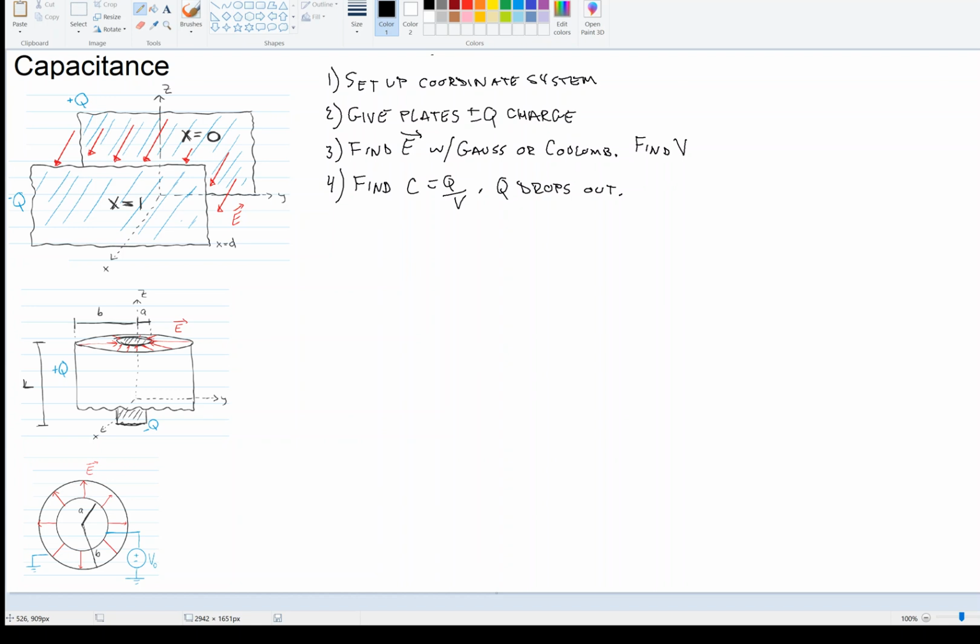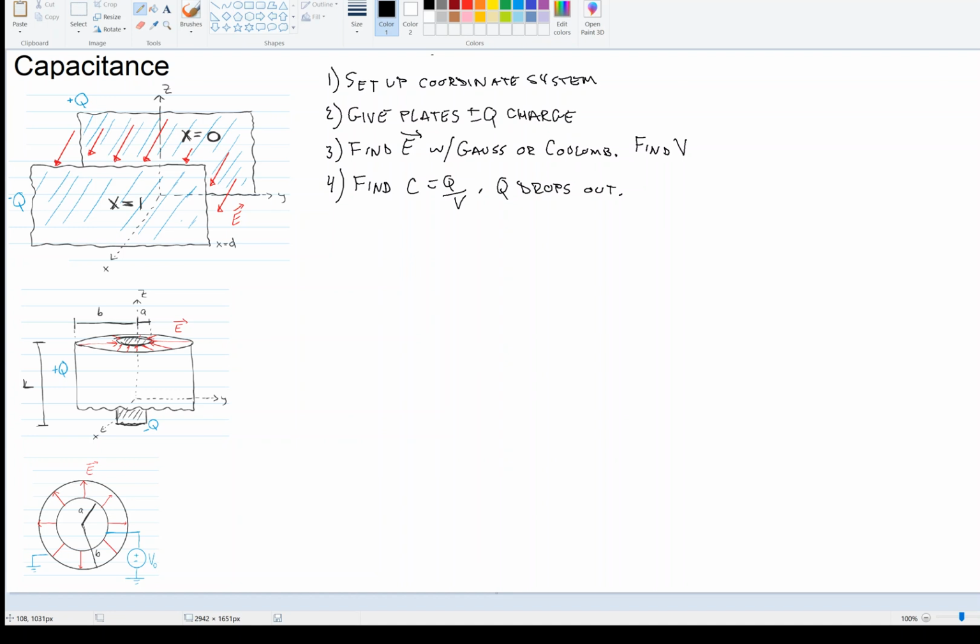Step 2 is to give each plate plus minus Q. I'm going to choose to give the outer cylinder plus Q, and the inner cylinder minus Q, and then the electric field will point radially inward, right? And we're saying that the inner cylinder has a radius A and the outer cylinder has a radius B, and this thing has a length of capital L.